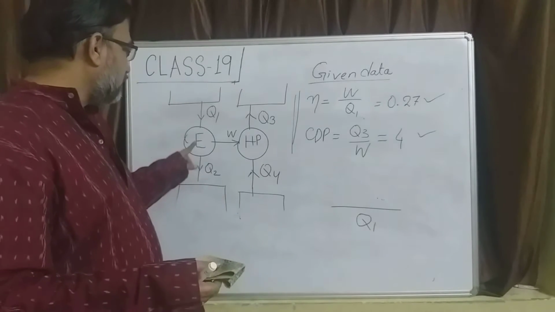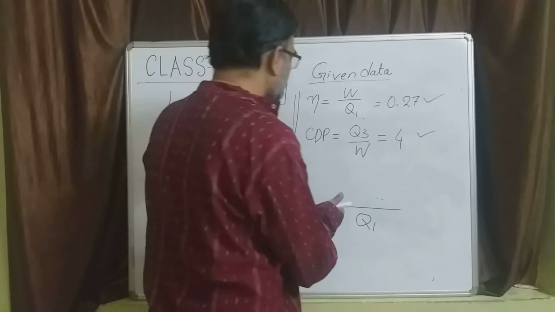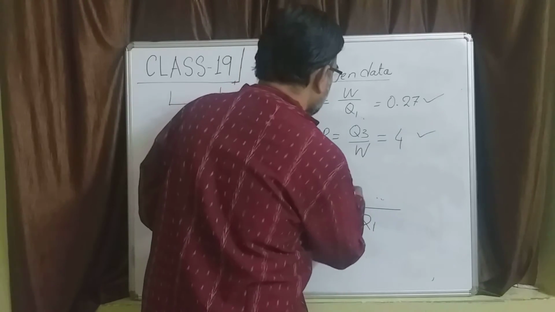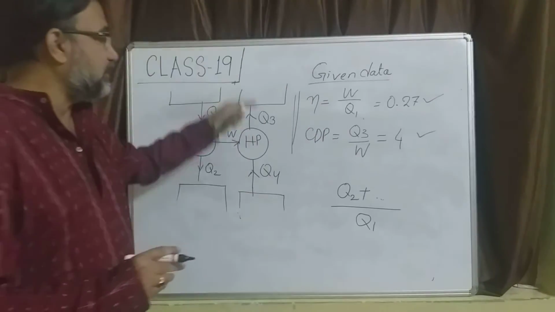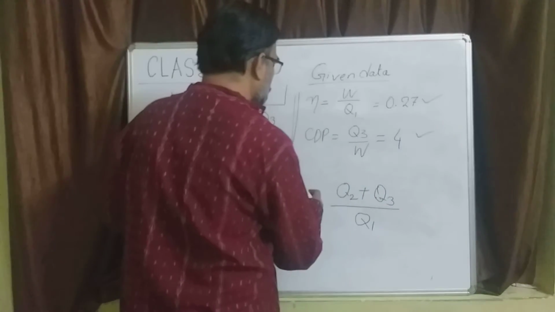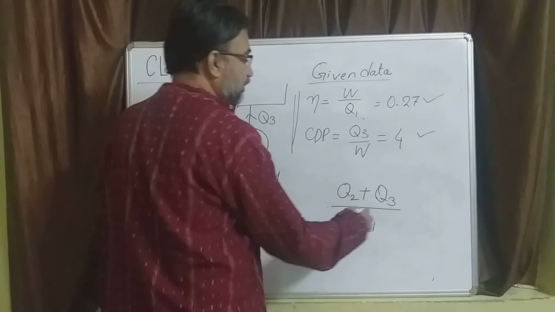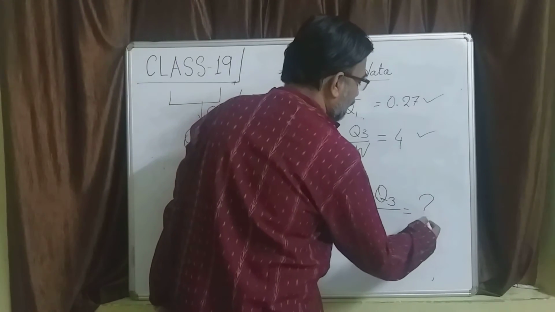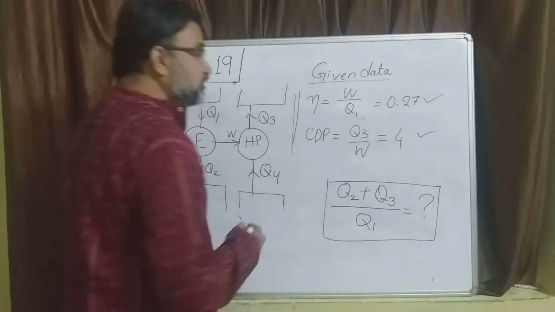One is the heat transfer from the engine, that is Q2, and one is the heat transfer from the heat pump, that is Q3. So Q2 plus Q3 by Q1. You have to evaluate the value of this ratio. Try this one.